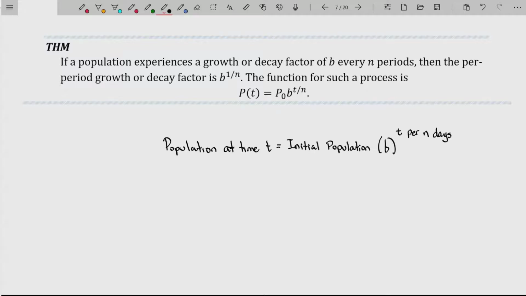That is, the population at time t is equal to the initial population times some base, whether it's doubling or maybe multiplying by 0.82, raised to the t per n days, or n weeks, or n months. I'm just writing days here for an example.